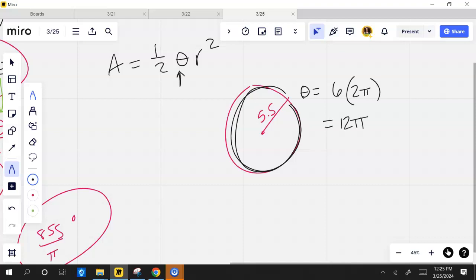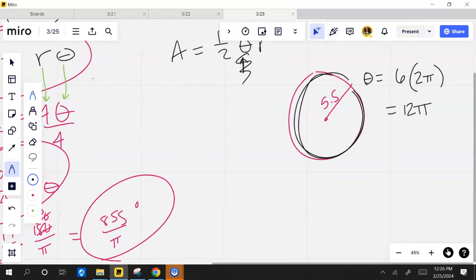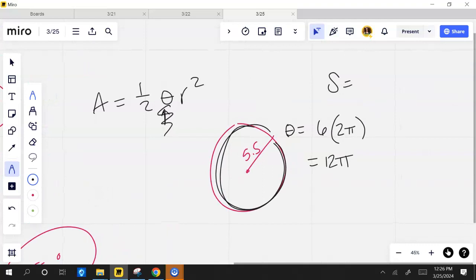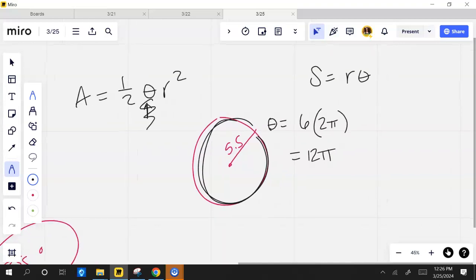That is my theta. So now all I have to do, oops, wrong equation. Number 10. All right, so here my arc length, how far around did it travel?